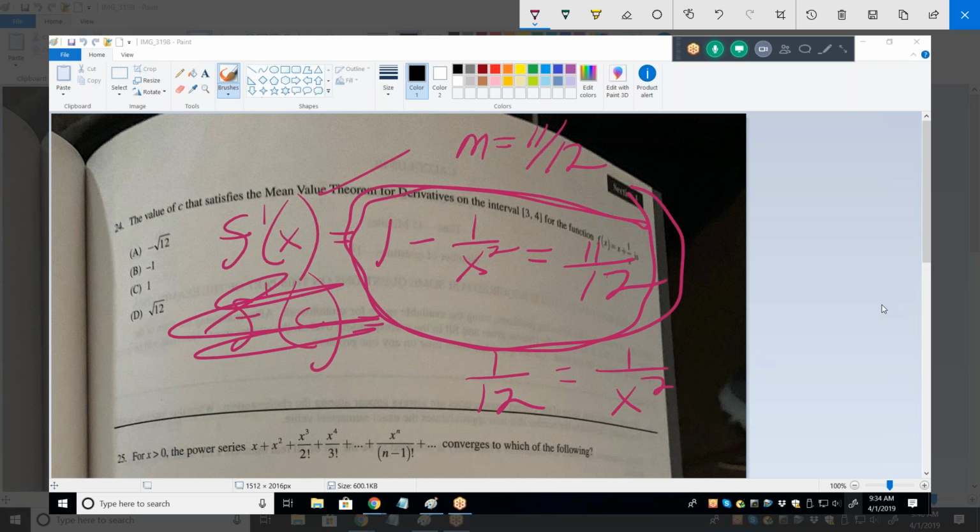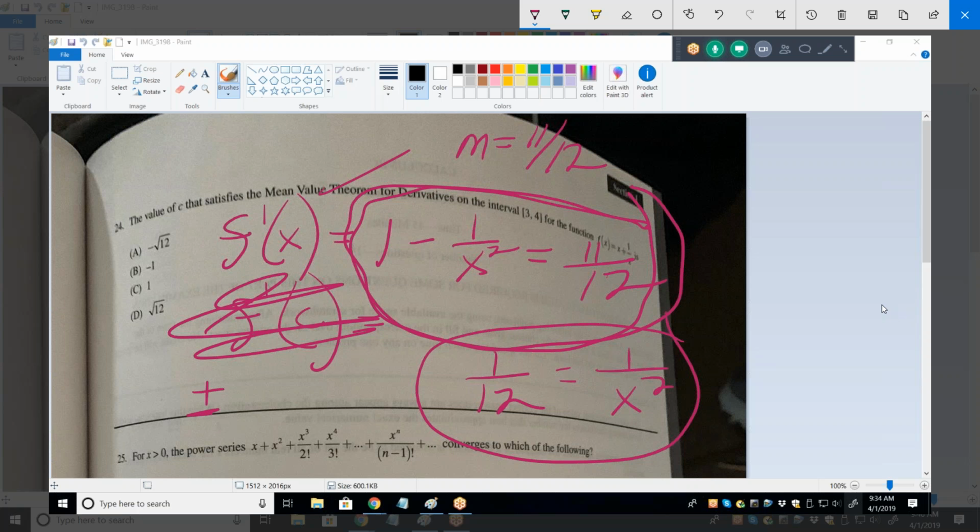Right. What's the answer? A, B, C, or D? D. What do you get for x if you solve that? Well, wouldn't you multiply by x squared on both sides?